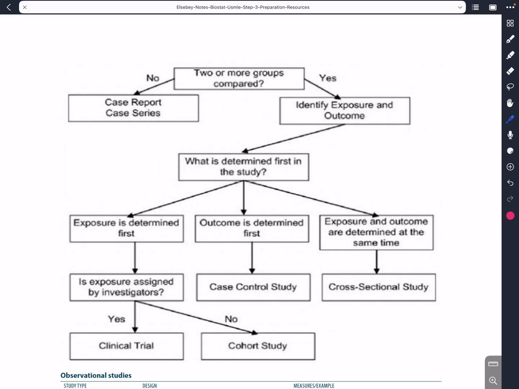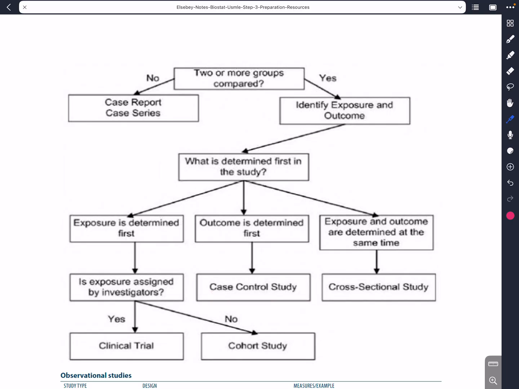If you have outcome first in the vignette and you are still looking for exposure and outcome, and the study has a placebo group, then that is case control study.